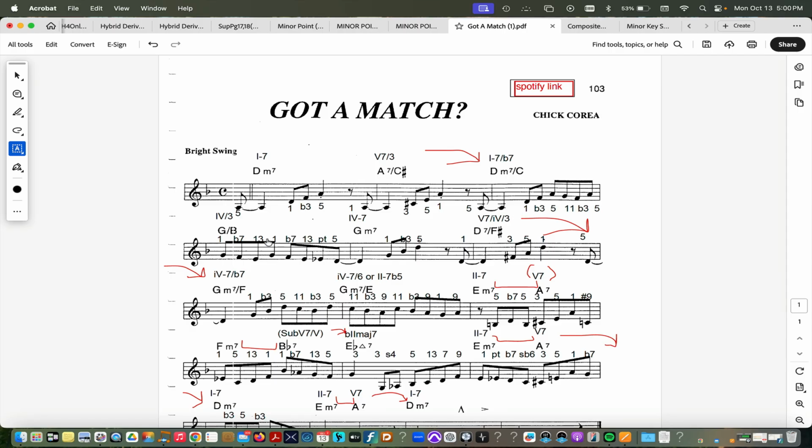Flat 3, 5, 1, flat 7, 1, 3, 1, flat 7, 1, 3. Passing tone, PT for passing tone. You might have written S flat 6. That would be okay as well. 5, 1, flat 3, 5, 1. Here, let's put that as S flat 6.